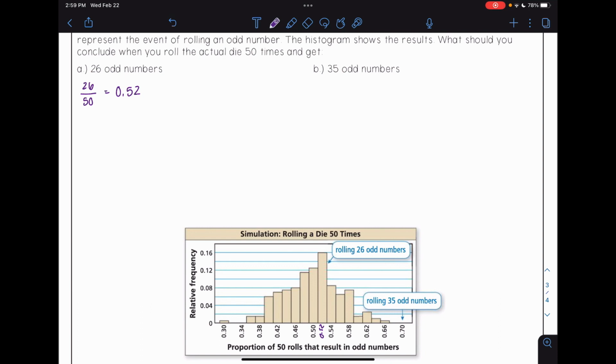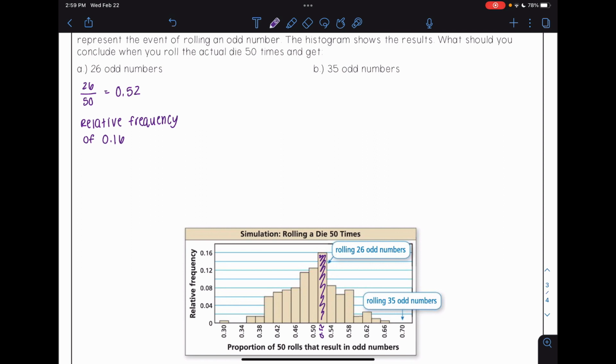And I see that the relative frequency is 0.16 in our simulation. So in this simulation, this result had that relative frequency of 0.16.